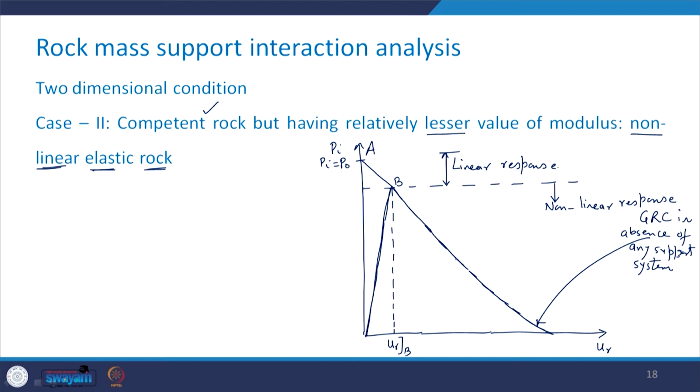In case you allow some more, this is another case where you have Ur at point C, and you join this point like this.